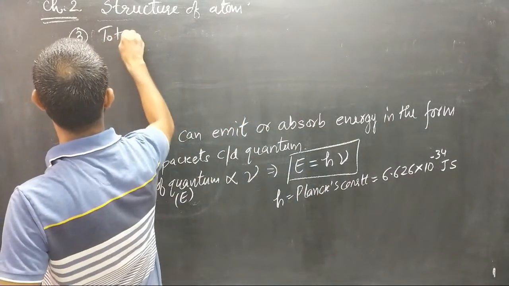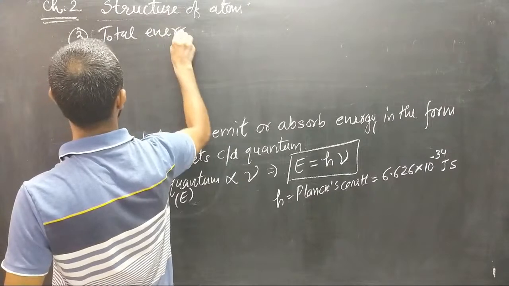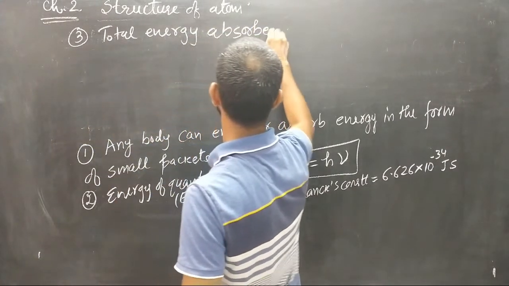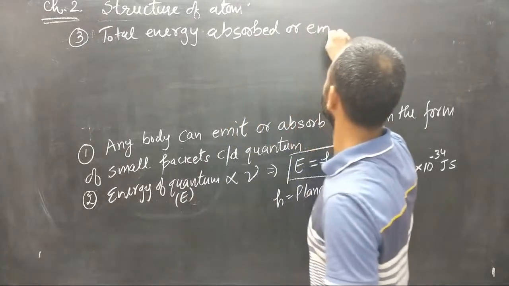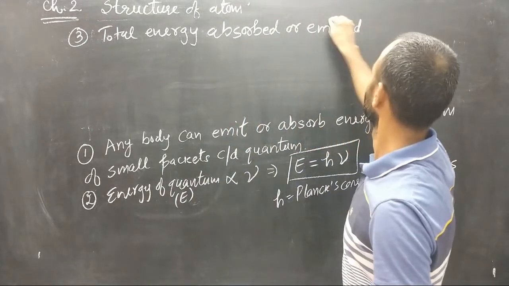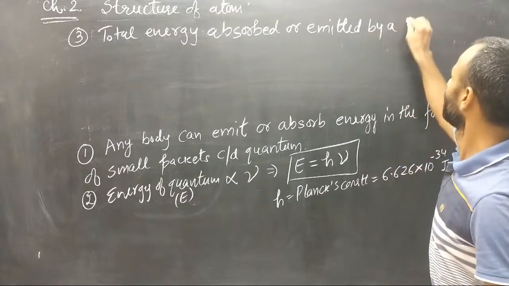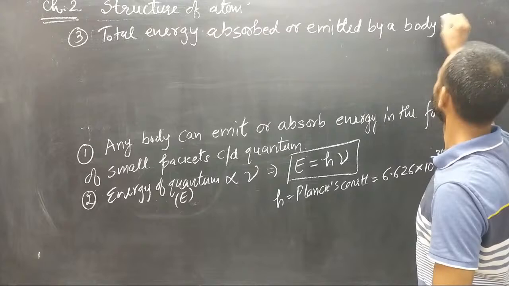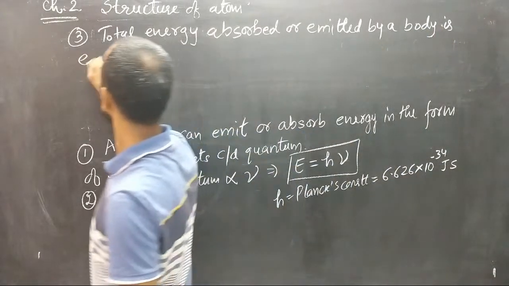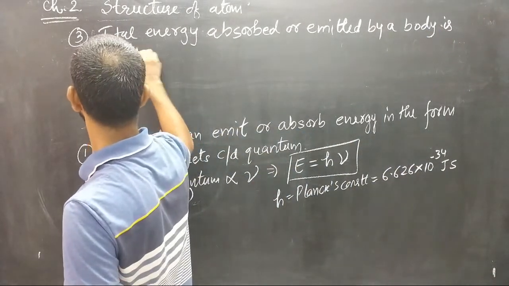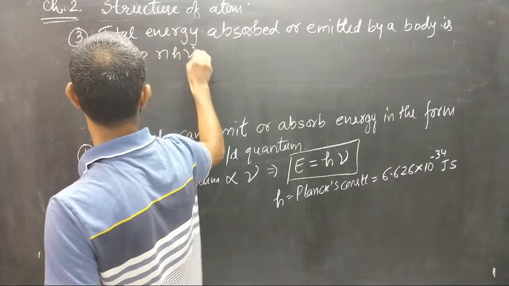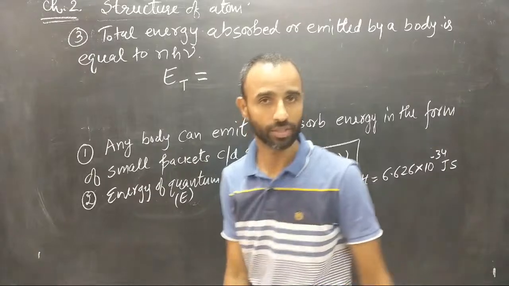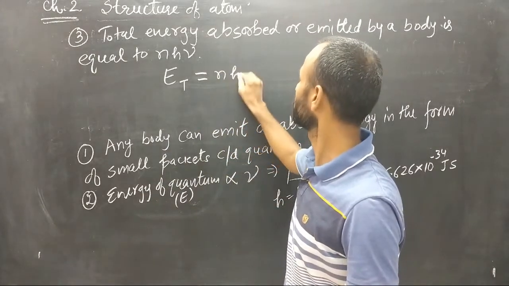the total energy absorbed or emitted by a body is equal to n h nu. That is E total equal to n h nu.